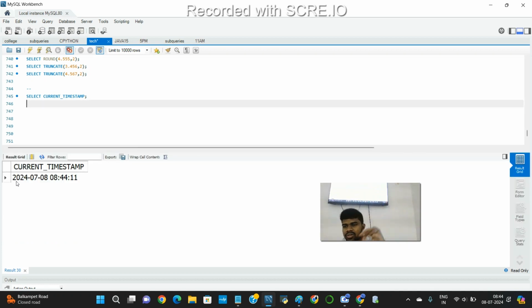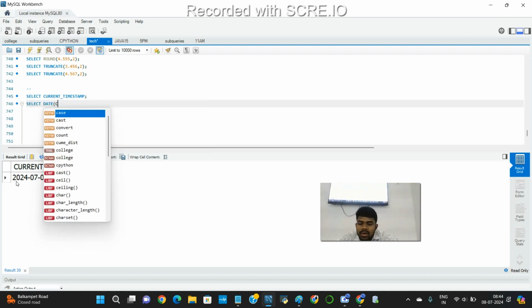Today's date is 2024 July 8th, and now the time is 8:44. So current timestamp fetches the time. For example, I want to fetch the date from this current timestamp.